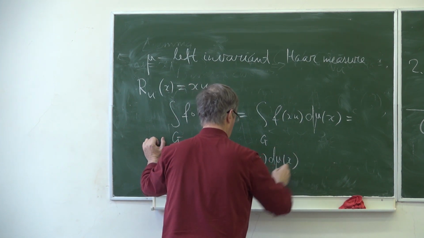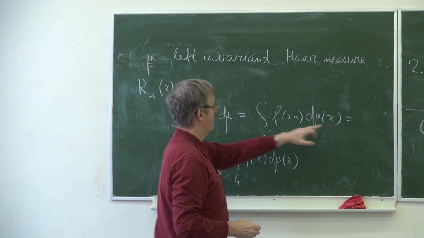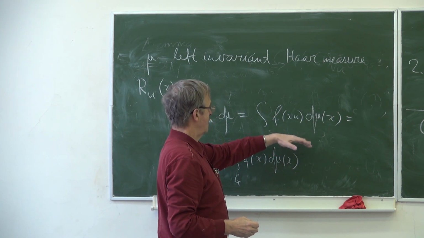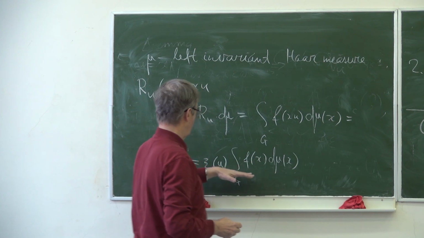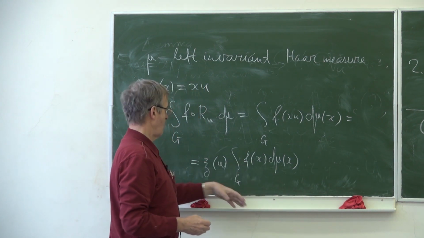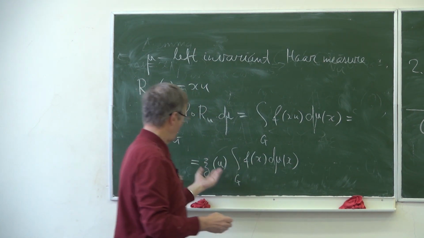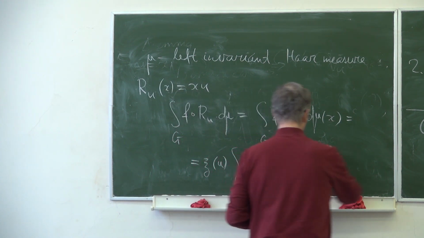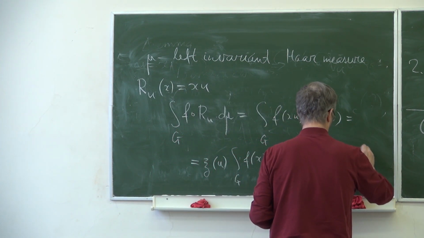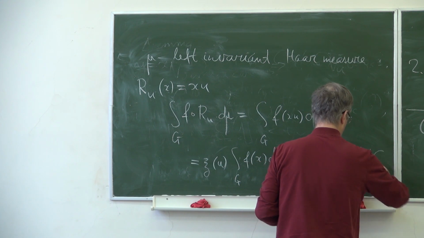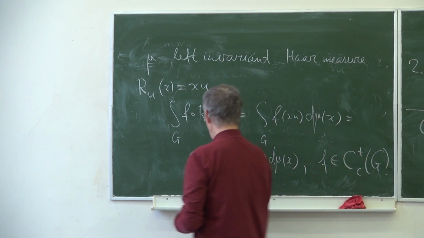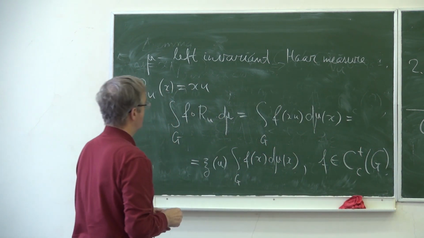So this is a left invariant Haar measure. Then it is proportional to mu, and then we have the following relation for every test function f. So we obtain such a function.